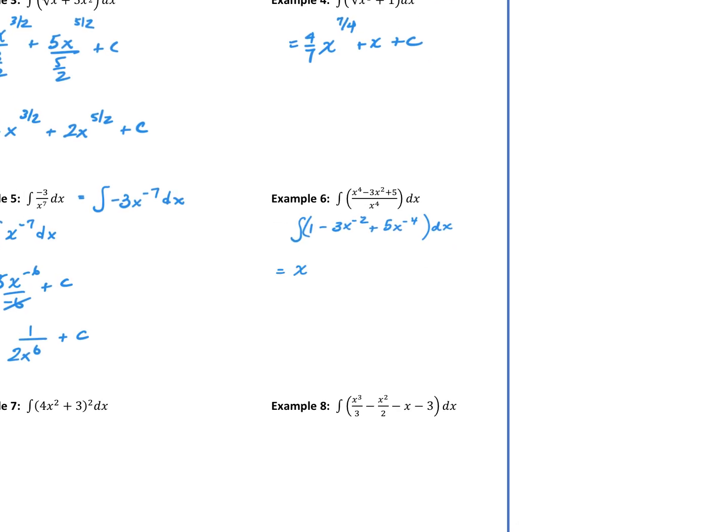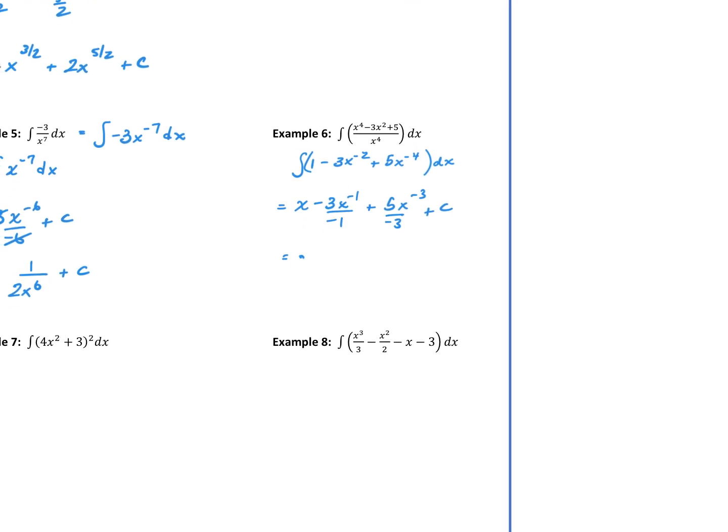So we're going to get x, and then we're going to get -3x to the -1 over -1 plus 5x to the -3 over -3 plus c. So I'm going up by 1, divide by the new power. So we're going to get x plus 3 over x, and then minus 5 over 3x cubed plus c.